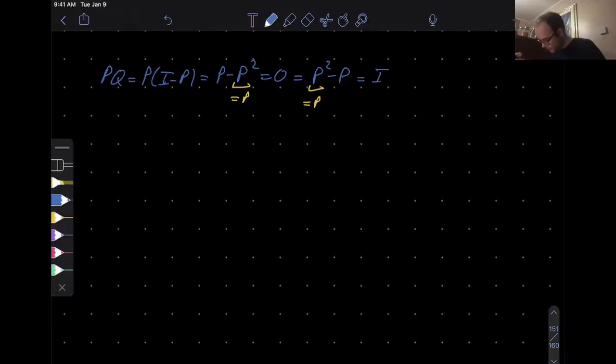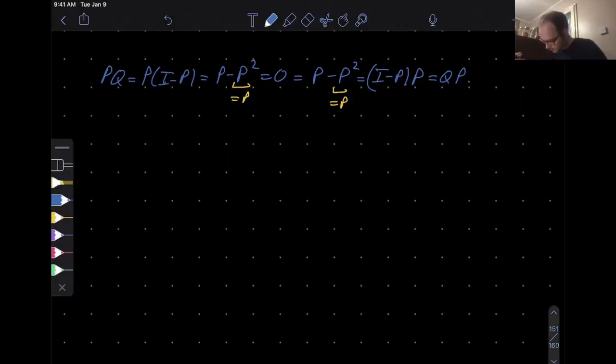I want 1 minus P. Yeah, what I wrote is correct, but I want that square over here. Yeah, so that's fine, right? And this is QP, right? And that's what I claim. P and Q commute and they're equal to 0. Okay, fine. So number 1 is established.